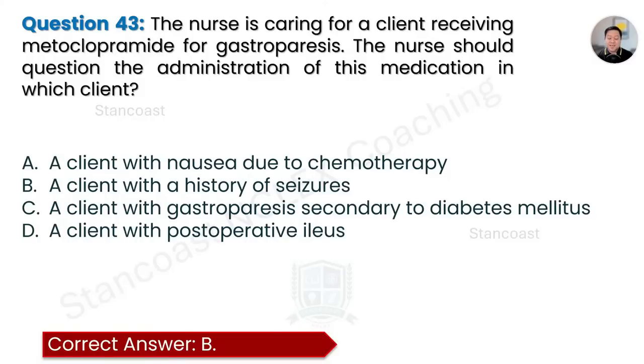Metoclopramide is effective for managing diabetic gastroparesis. And for letter D, this medication can also help stimulate gastric motility, and it's often used in these types of cases. Again, look for that option that you should question. Number 44.